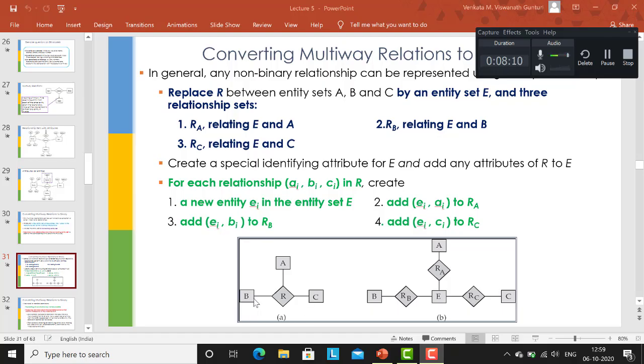If you have a multi-way relation like this, you take this relation away, you create an entity, and then you create relationships with all the participating ones. This technique works sometimes, but it does not work always, right? So there are a few special cases where this kind of conversion does not work out, and let's see what those are.